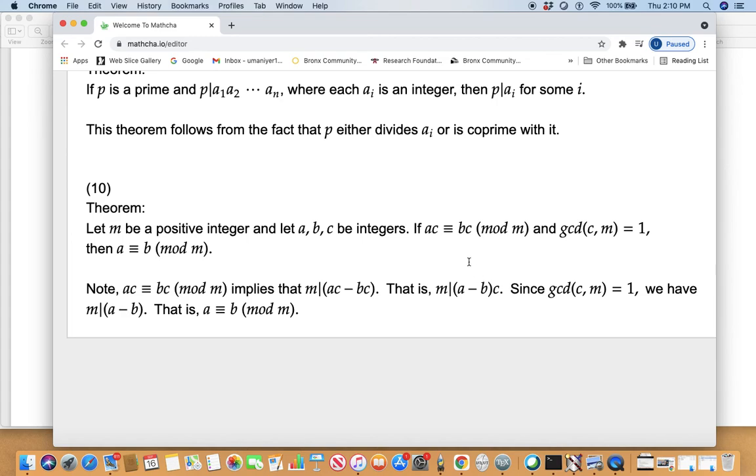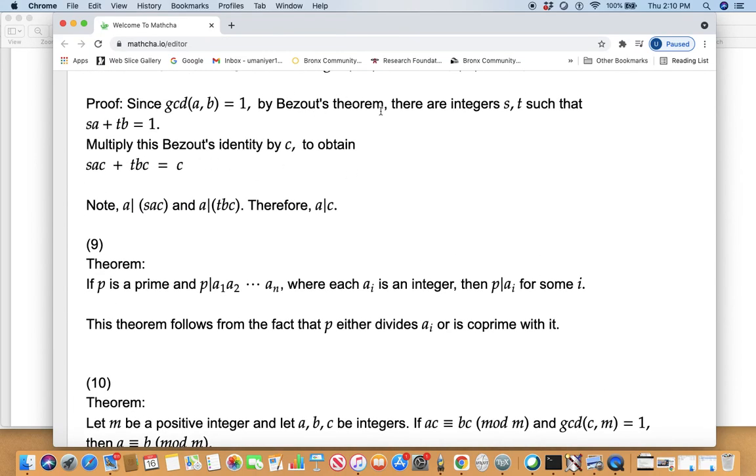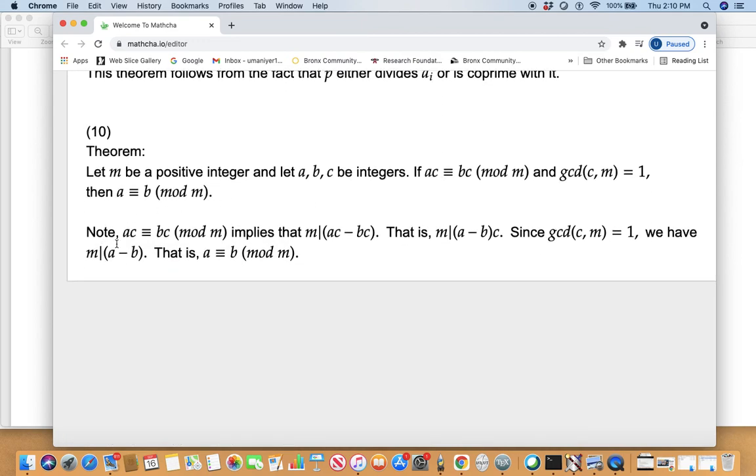Now, the GCD of m and c is 1. Well, in other words, m has to divide a minus b. That was the result we just saw. Okay. If m divides a minus b, then a is equivalent to b mod m. That was the proof of this result.